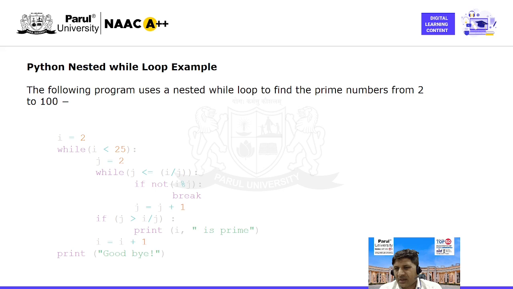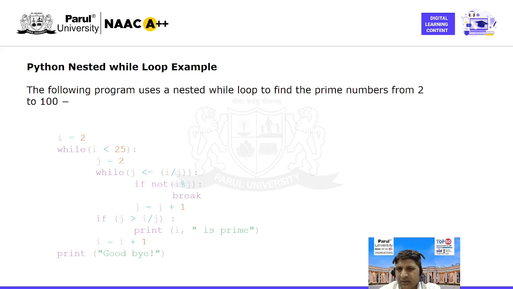The number list is generated from 2 to 100. The list goes up to 25. i equal to 2, while i is less than 25, j equal to 2. If the division by i and j is 25. Why does it take 25?